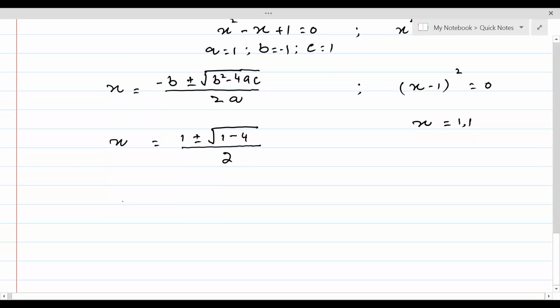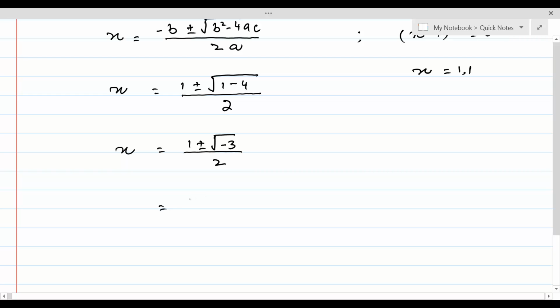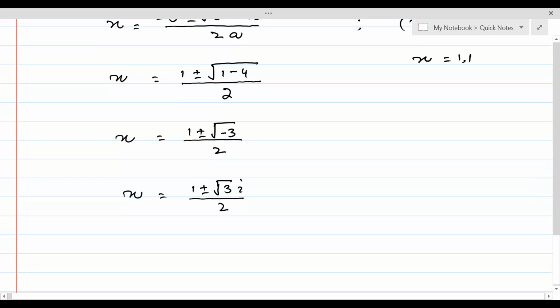And here we get x equal to 1 plus minus square root of minus 3 divided by 2, and we have 1 plus minus under root 3 iota divided by 2. Remember that whenever there is a negative inside square root, that minus could be replaced with iota outside the square root. So these are the two values for x, and we have 1 as a double root.